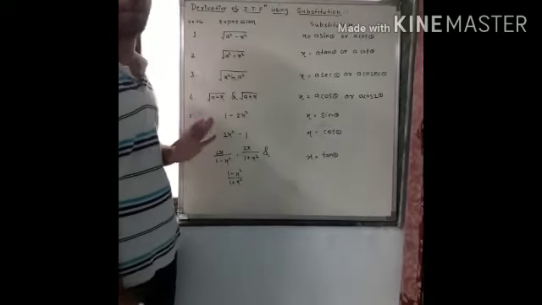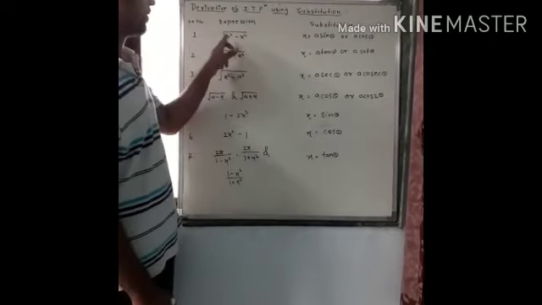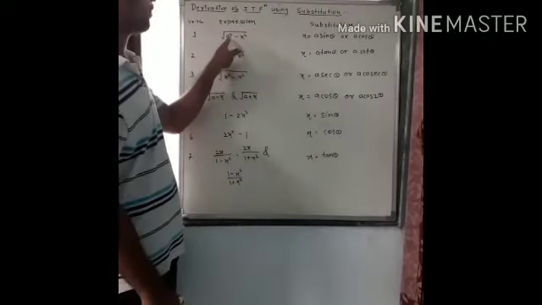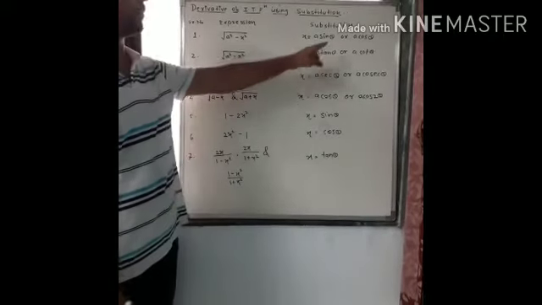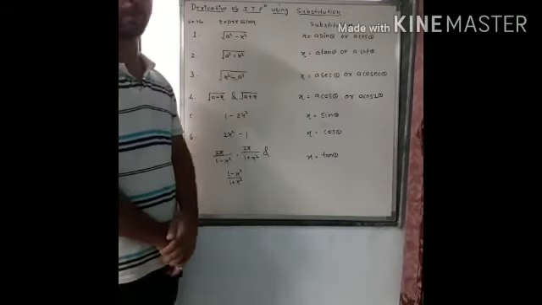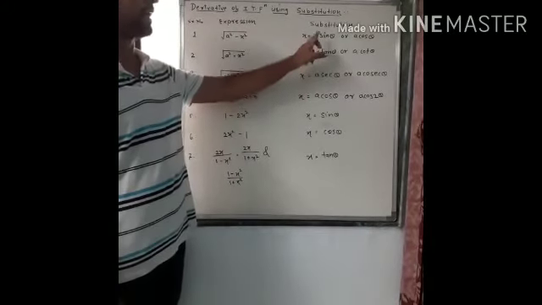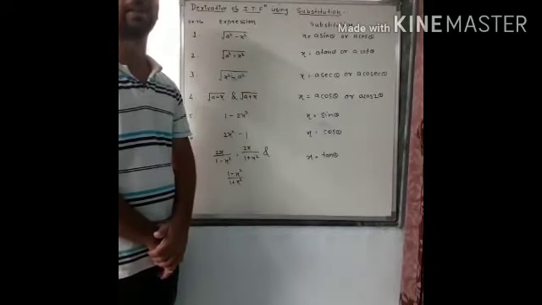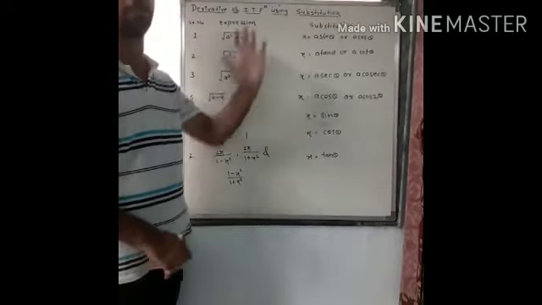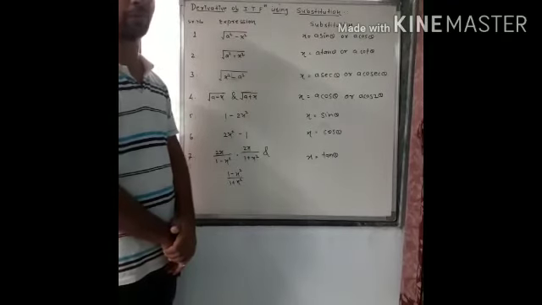At that time, we have to replace x by a sin theta or a cos theta. It depends on our example. We'll see in the examples which substitution we have to use.